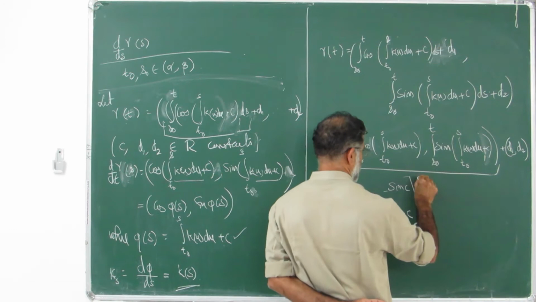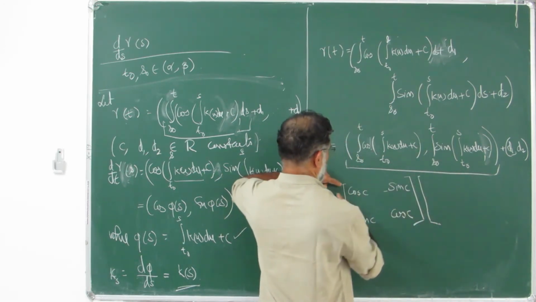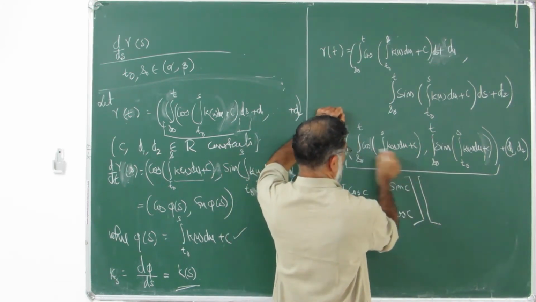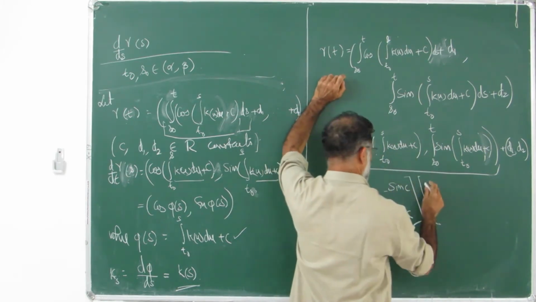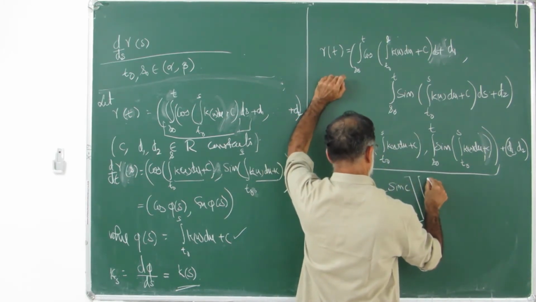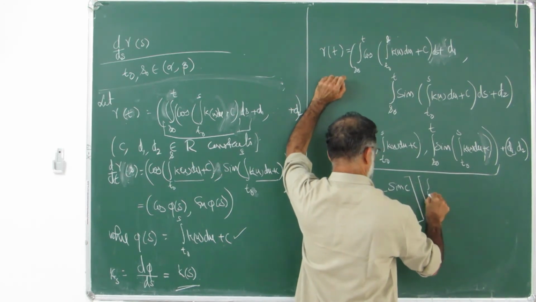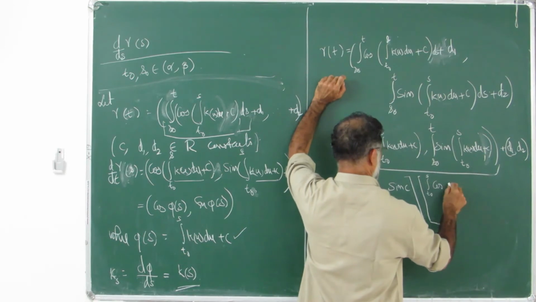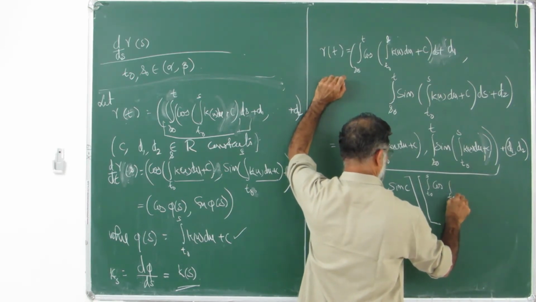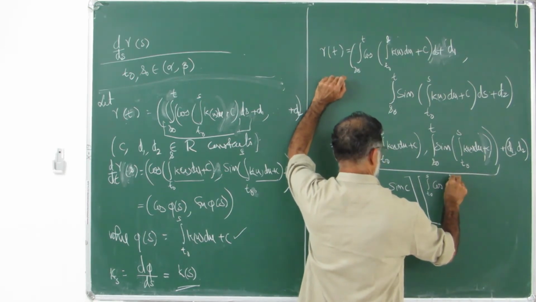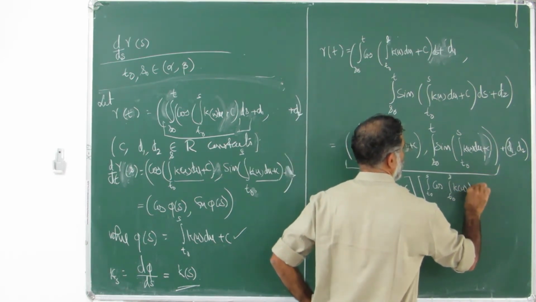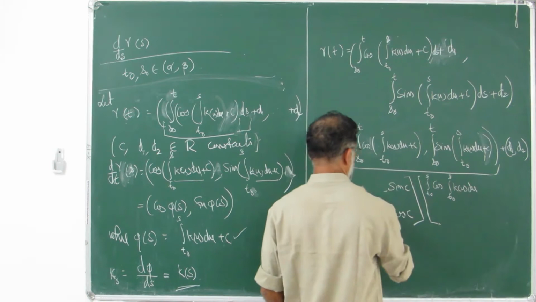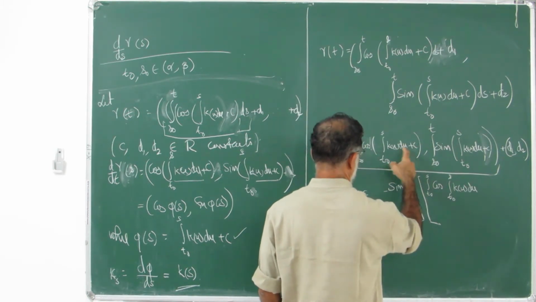What are they? So let us write. You have to expand this cos A plus B. That is how you get cos C into cos of this. So this will be integral from T0 to S, cosine integral from T0 to S of K(u) dt. What is cosine? The second part is sine.